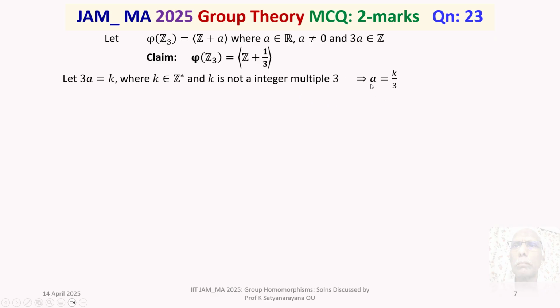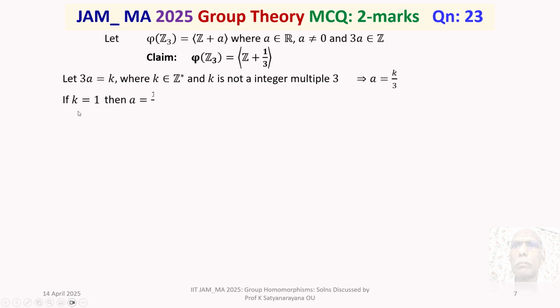That implies a is equal to k/3, and you note down k is not an integer multiple of 3. If k is an integer multiple of 3, k/3 will be an integer, and then a will be an integer. But a is a real number.